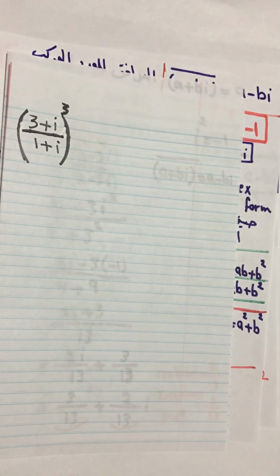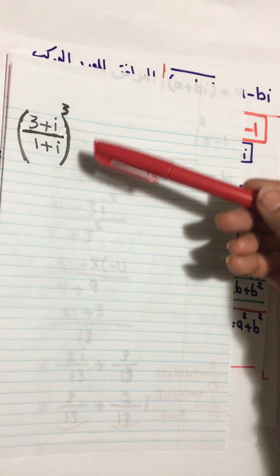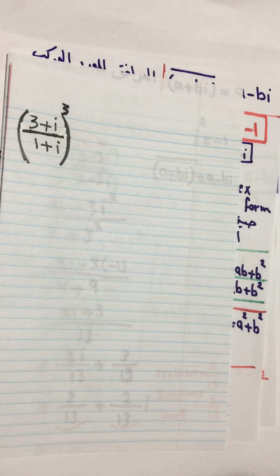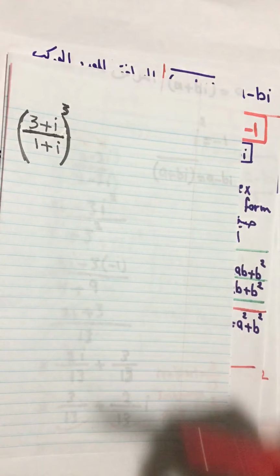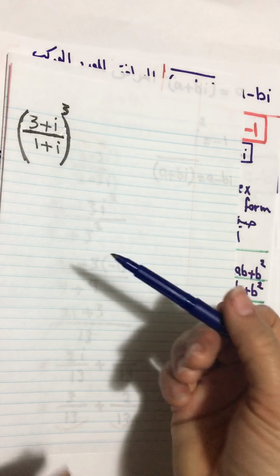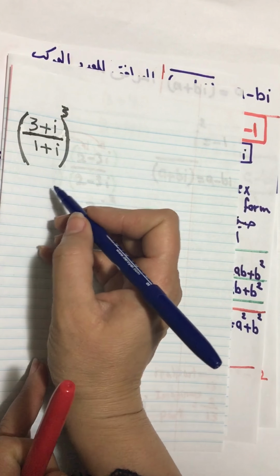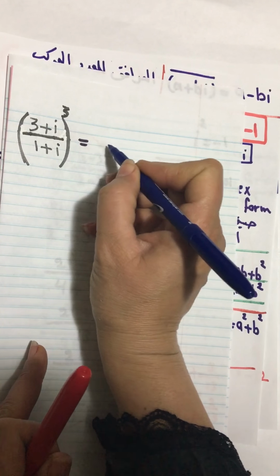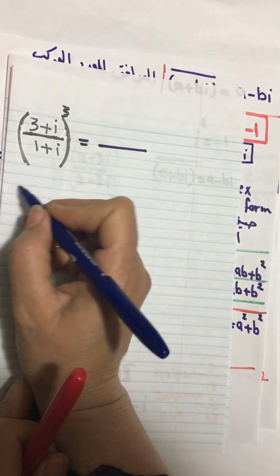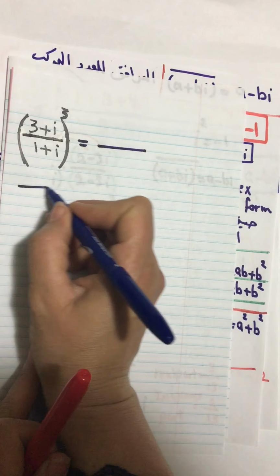We have this fraction 3 plus i over 1 plus i, in parentheses, to the power 3. So if I look at the fraction inside the parentheses, I'm going to write it down right here, 3 plus i over 1 plus i.